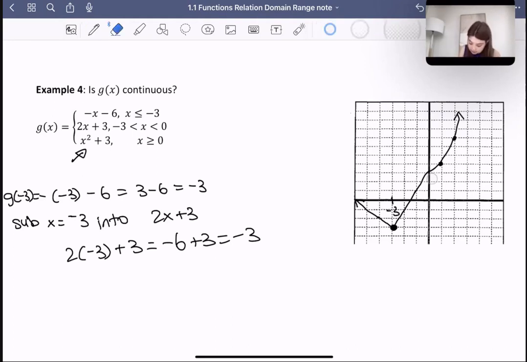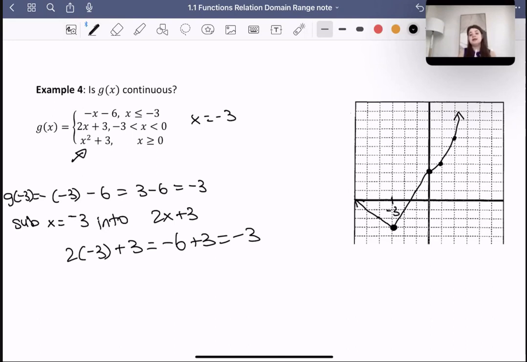Awesome. Let's make this a little bit smaller, but I do want to be clear we filled in a hole there, and then we're good. So this function is indeed continuous, right? We knew it would be continuous on every interval, but in terms of between the intervals, at the point x equals -3, that's the first point we had to check to make sure that that hole got filled in.